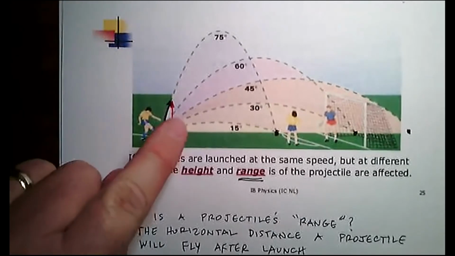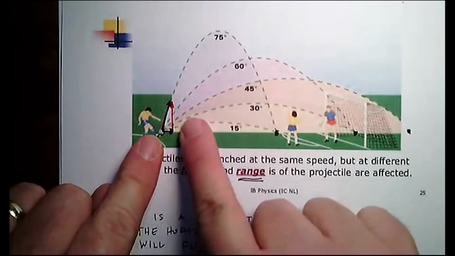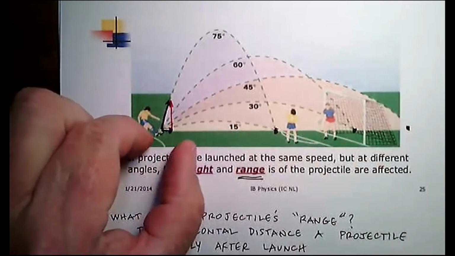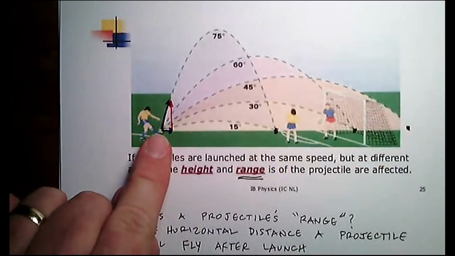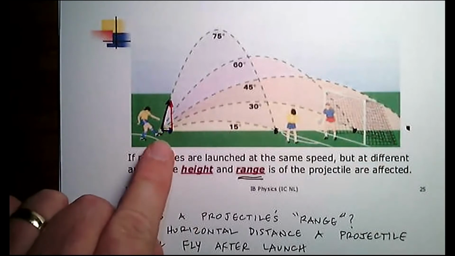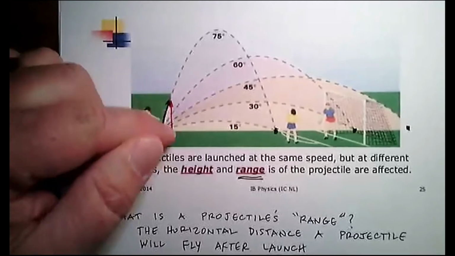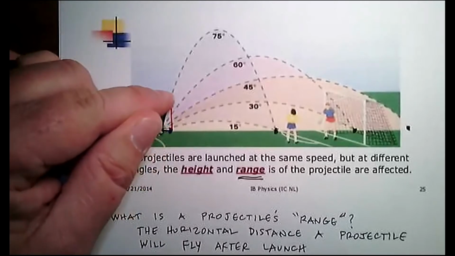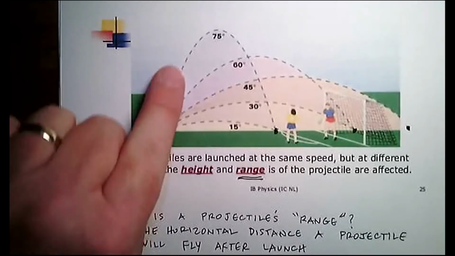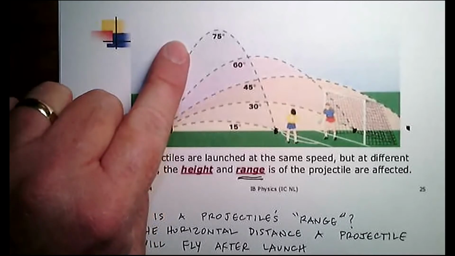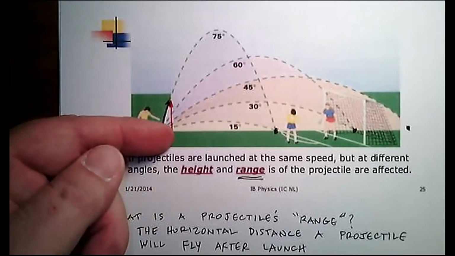What about the horizontal versus the vertical? I can see the horizontal is very short. That means it's not traveling very quickly horizontally. But the vertical one is really tall. That means it's traveling really fast going upward when they first kick it, but not very fast going forward.